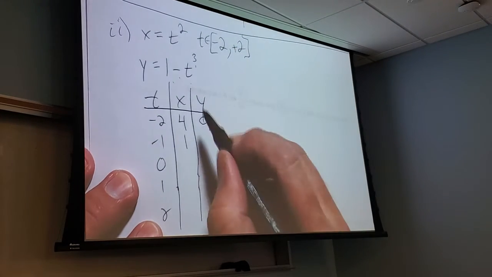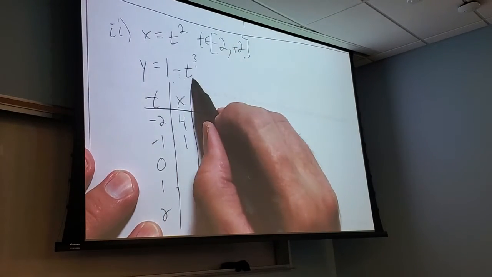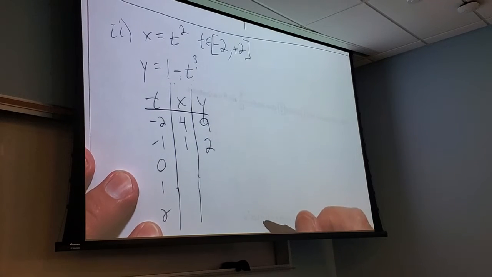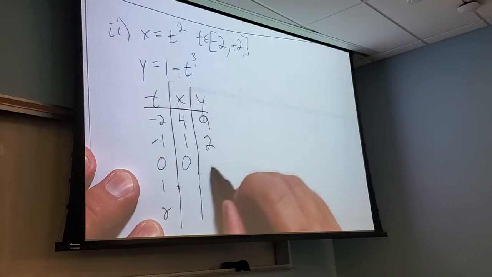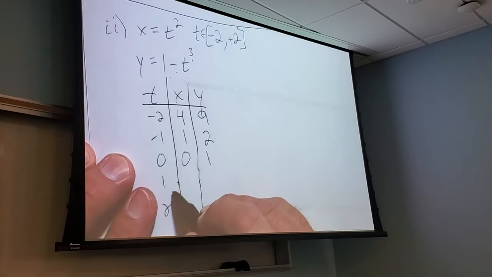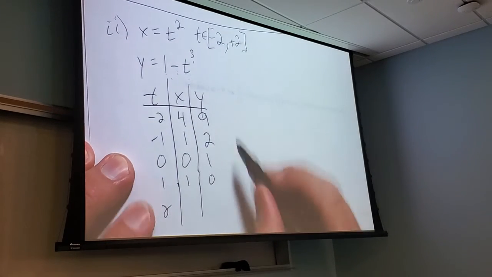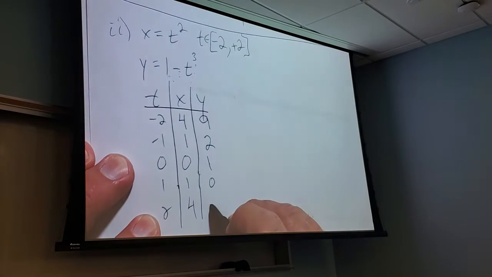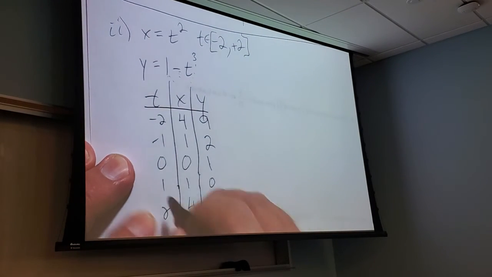When t is -1, x is 1, and y is 1 minus -1, 1 plus 1, 2. Is everybody with me? When t is 0, that's 0 and 1. When t is 1, that's 1 and that's 0. When t is 2, that's 4, and this would be 1 minus 8, right? -7.